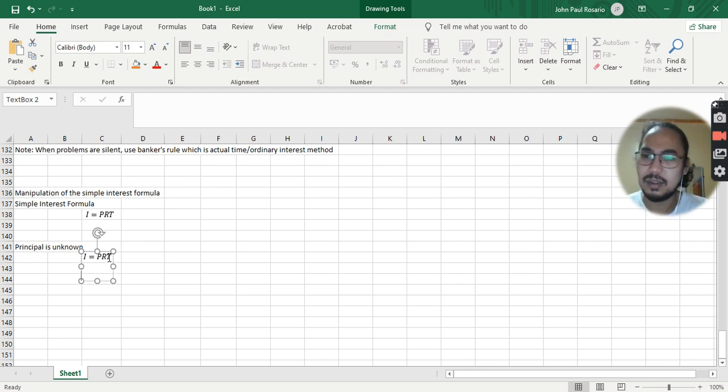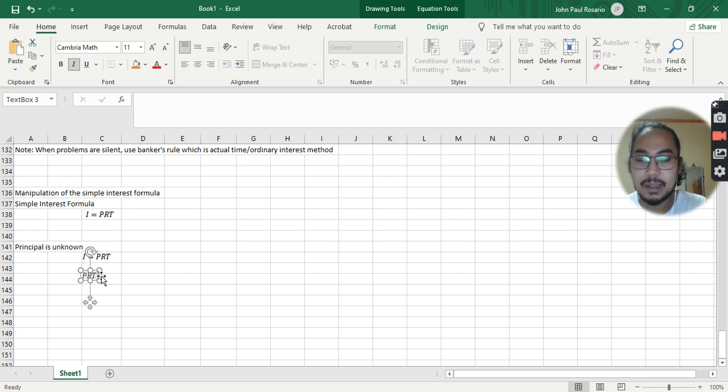Let's reverse the equation. PRT is equal to I. And since P is unknown, we have to transfer all the other variables to the other side, the known side. To do that, we have to divide PRT by RT, because RT is multiplied.